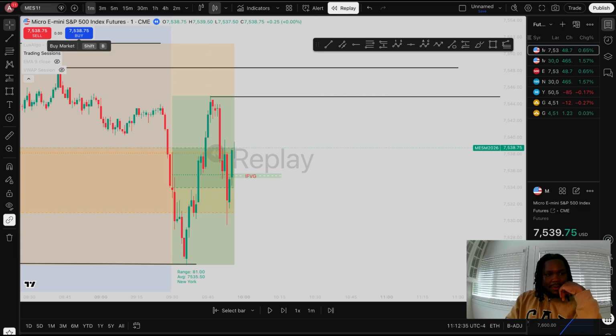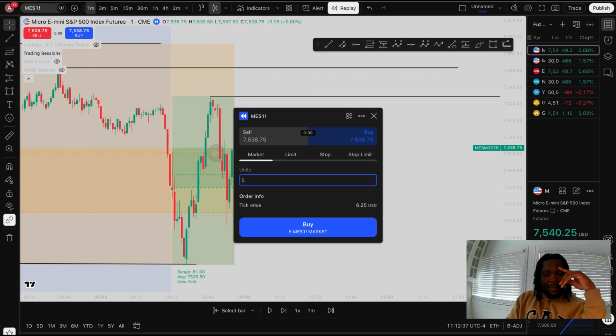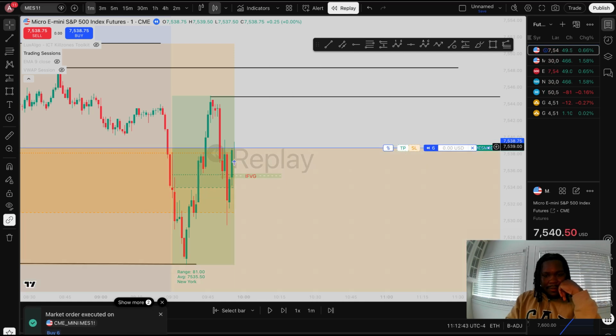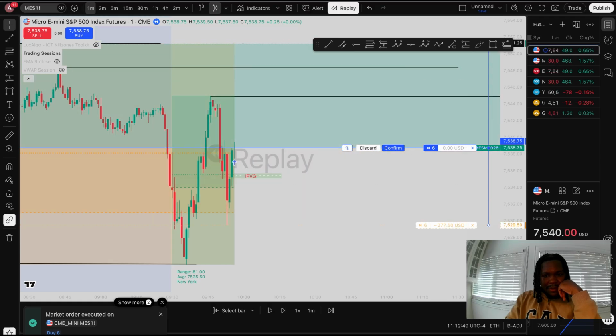So now we place buys because we want the market to go up. 6 contracts. We buy. Stop loss below these lows. Take profit above these highs.